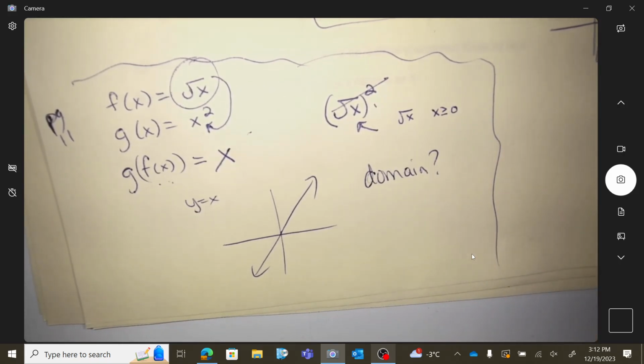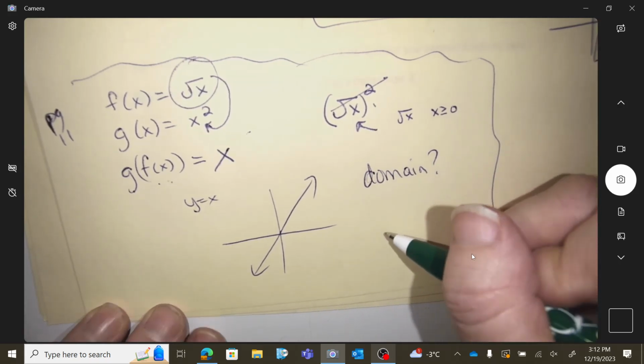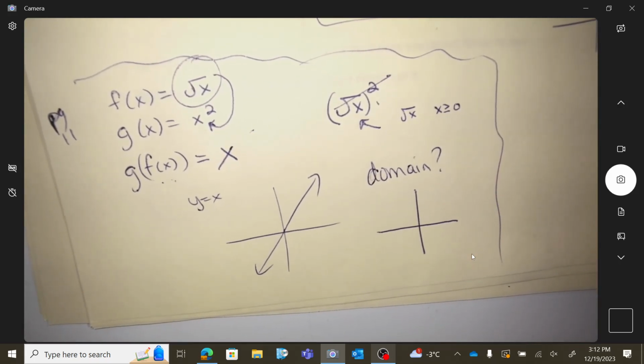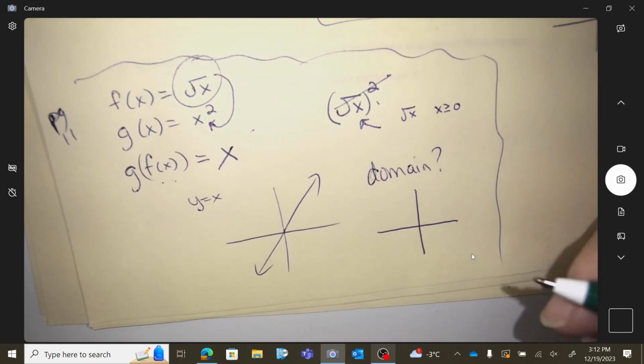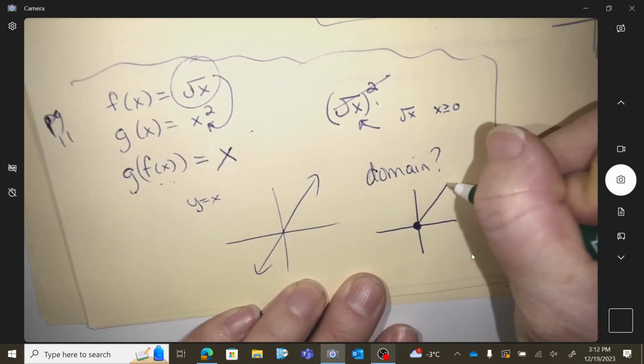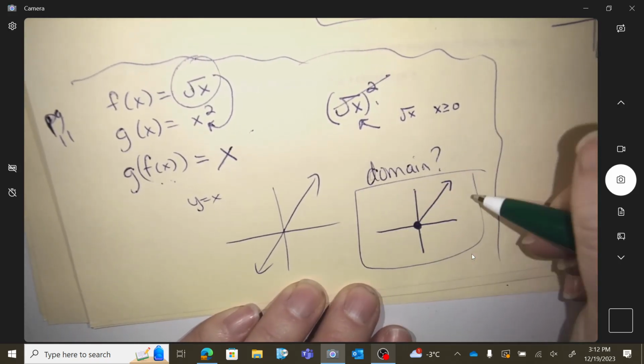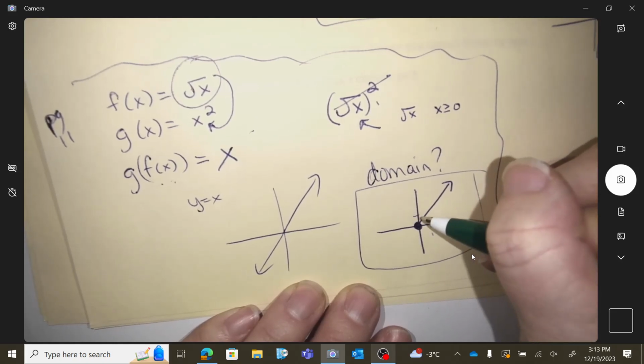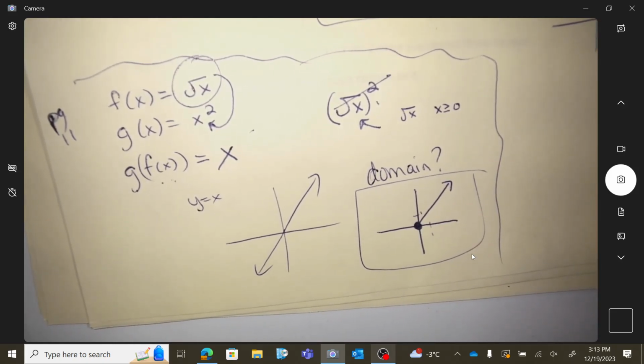You have to be 0 or positive. So x is not allowed to be anything negative. So how should I actually draw my final graph? That would be my final graph. Does that make sense?